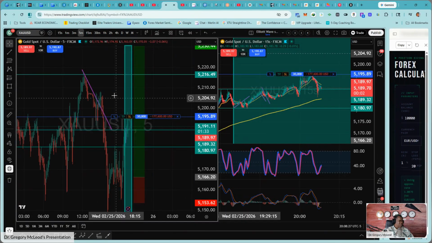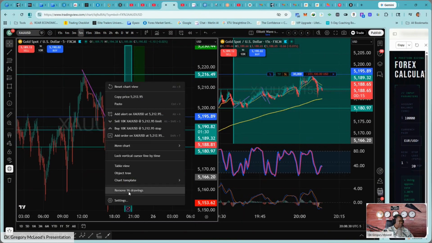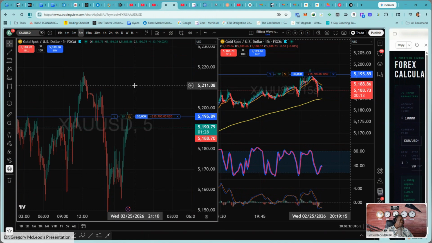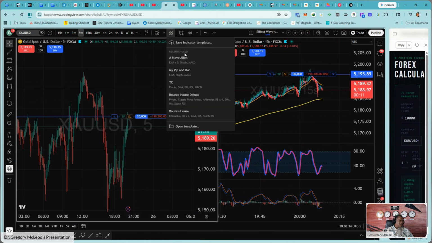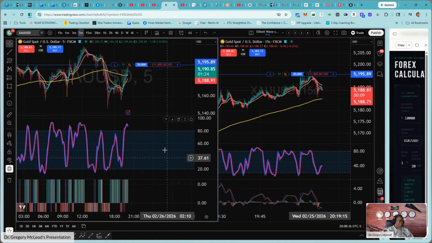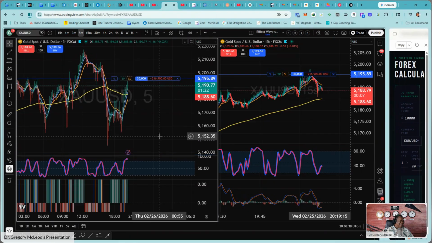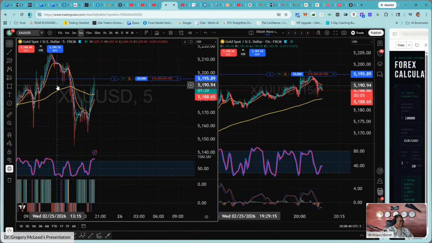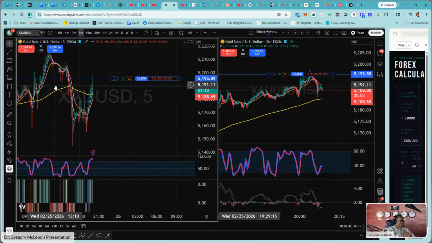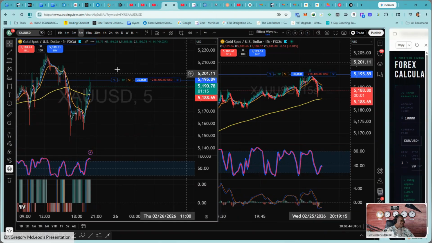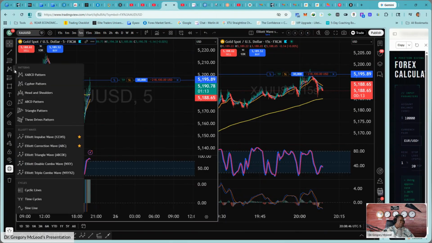Oh, I removed indicators. I made a template. Okay. So this is, because you gotta have an alternative count in your back pocket.